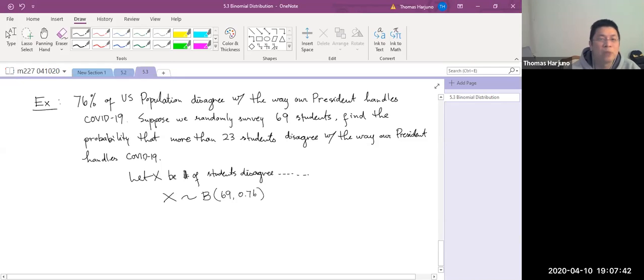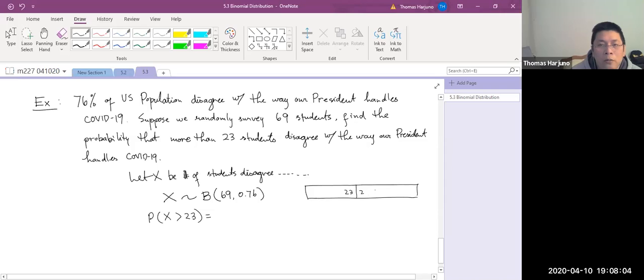Okay, now the question here: find the probability that more than 23 students actually disagree. More than 23 means, if we look at the possible outcomes, starting from 24 and on.